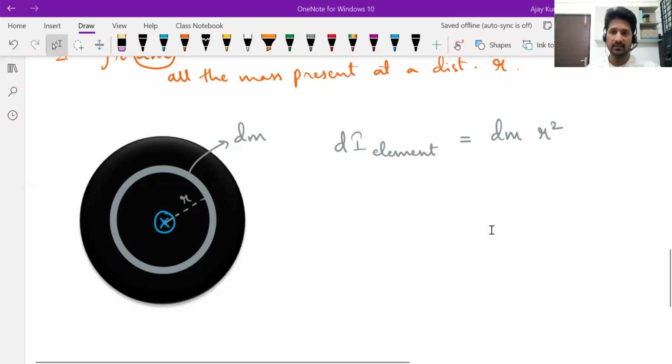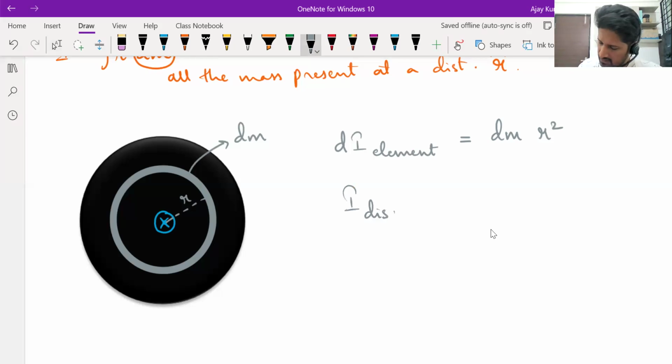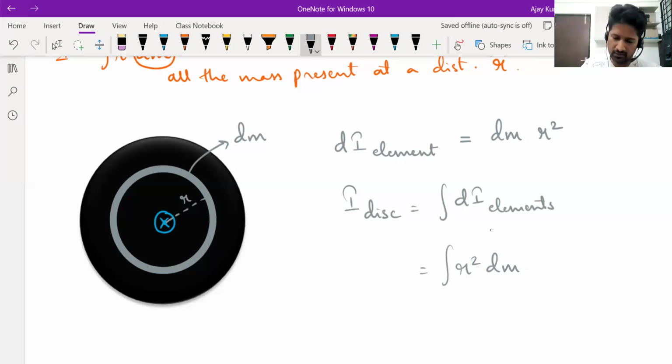Now, to be able to integrate, the total moment of inertia of the disk will be the integral of small moments of inertia contributed by the elements. That's the idea. So we'll need to do integral r square dm now. And to integrate this, you know what you have to do.